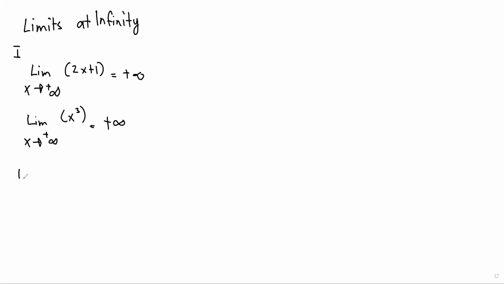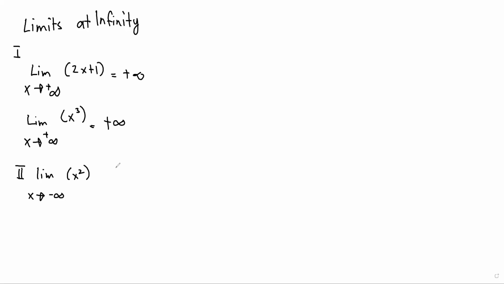Next property. What if we have positive or negative infinity when it comes to even exponents? That is, if our exponent is divisible by 2. So, of course, the limit of x squared as x approaches negative infinity.